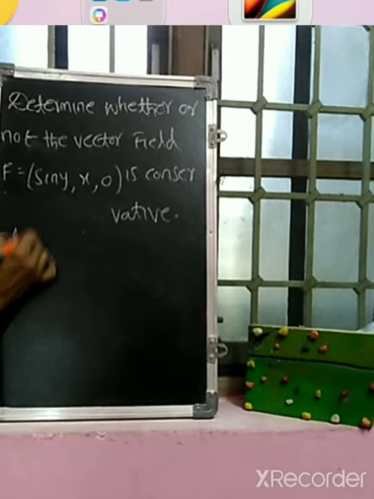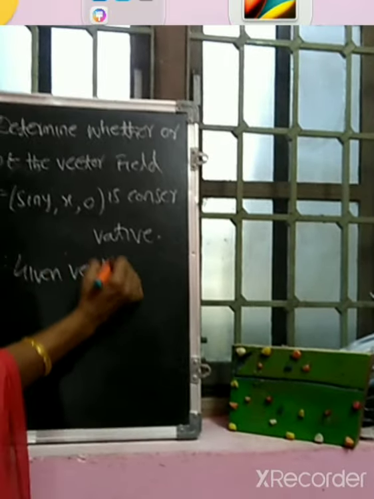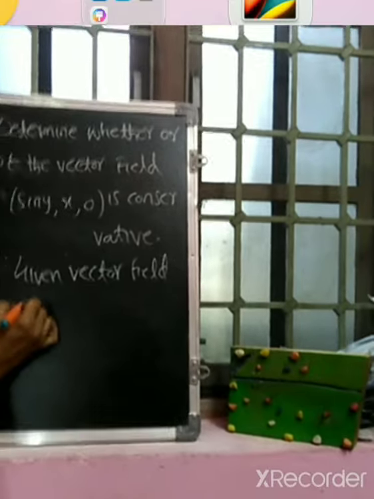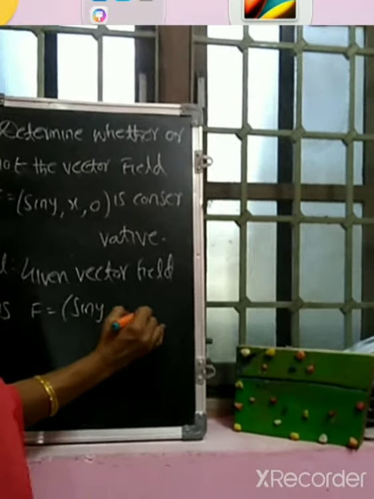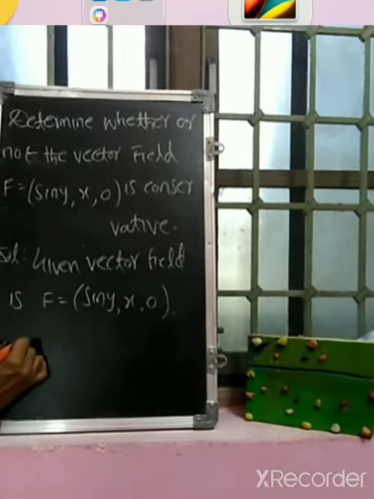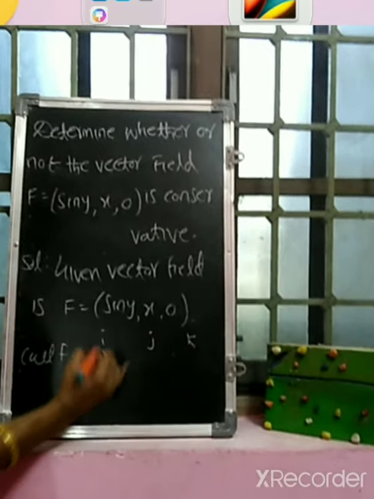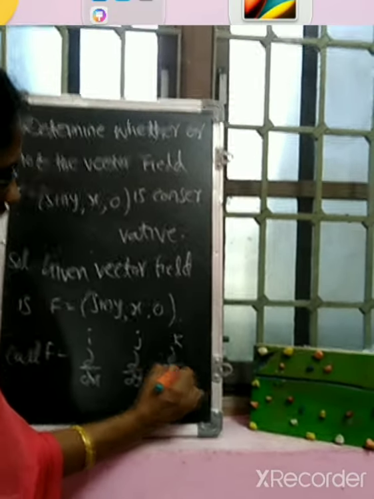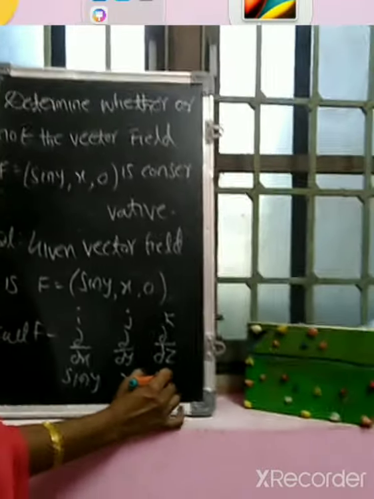Solution: the given vector field is f is equal to (sin y, x, 0). First we find curl f. So curl f is equal to the determinant with rows i, j, k; dou by dou x, dou by dou y, dou by dou z; and sin y, x, 0.